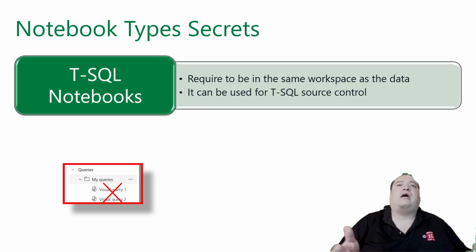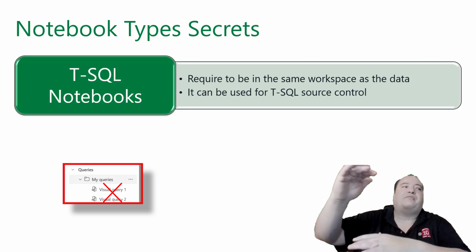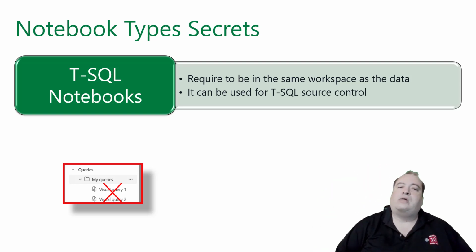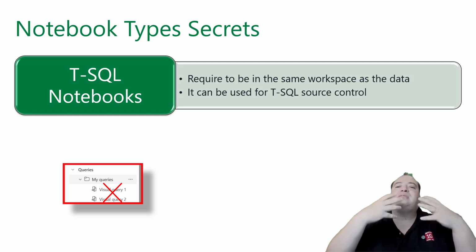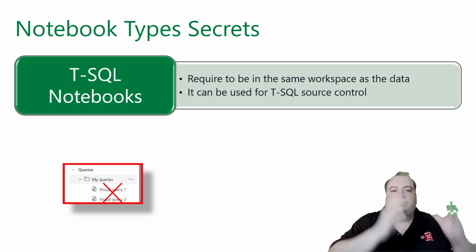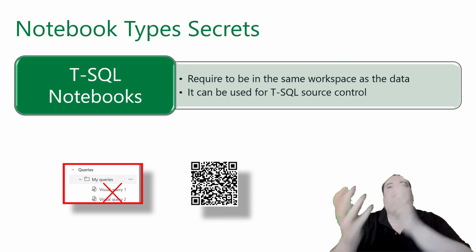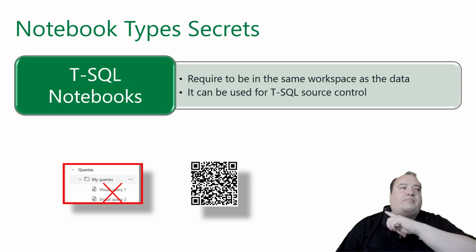In the lakehouse and in the warehouse as well, you have those queries areas in your lakehouse. But those queries areas can become a mess, and that's never saved in source control. So the T-SQL notebooks can replace those queries areas by using T-SQL notebooks and saving the T-SQL notebooks in source control. I wrote an article about this, you can see here at my site.